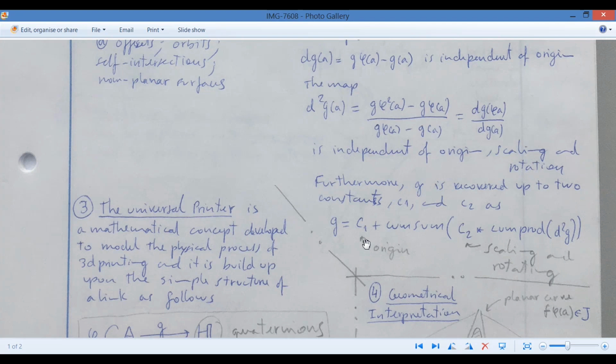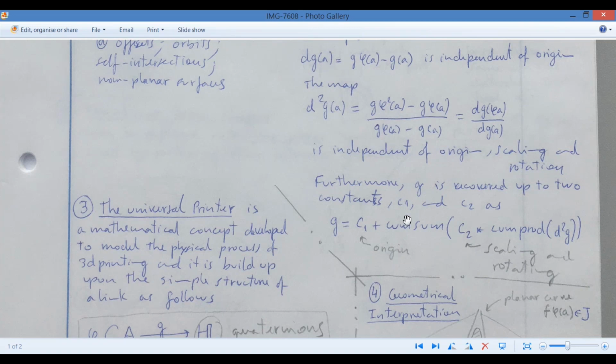And the formula is like this. This constant is a complex number, which gives you the origin of the region that you are considering. The second constant is also a complex number, which has a magnitude and an angle. This is what makes the scaling: the scale is the magnitude and the angle is rotation. And that's how you get intrinsic geometry in this shape.